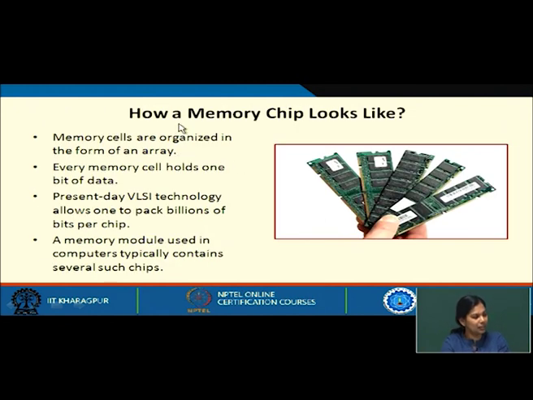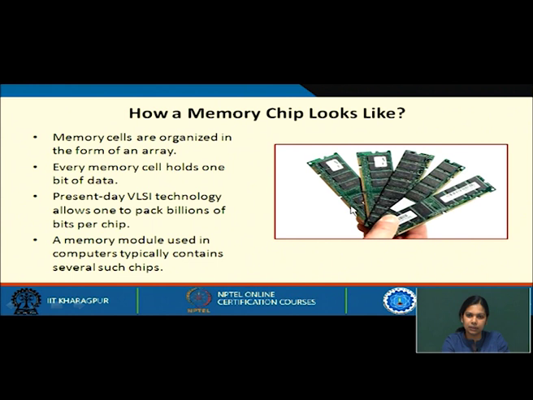Now, let us see what a memory chip looks like. This is on a PCB, a printed circuit board. These are separate memory modules that are placed, and these memory cells are organized in the form of an array. You can see this is one, this is one, this is one. This may be a 4 GB memory, each having say 1 GB.